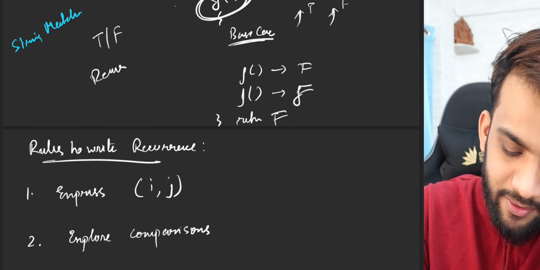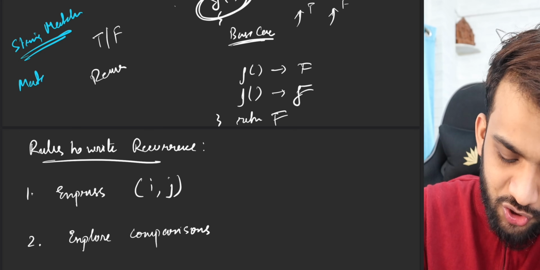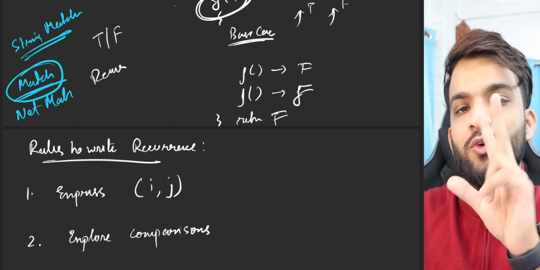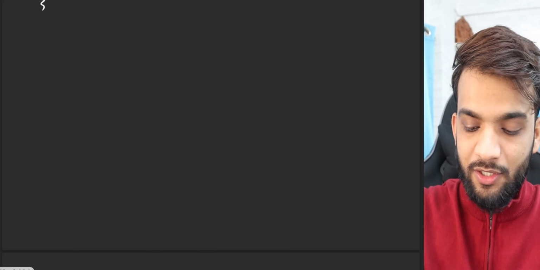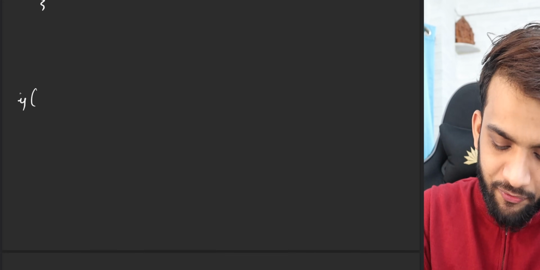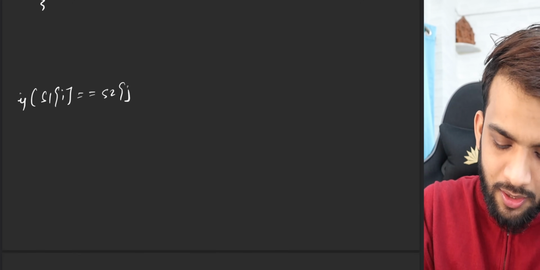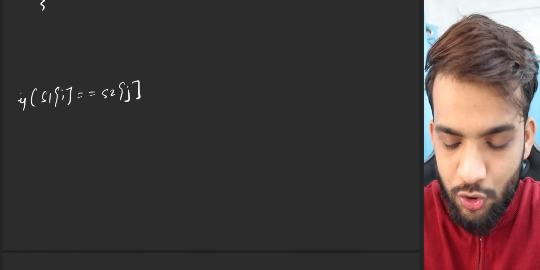Whenever we did string matching problems, what conditions did we have? One was the match condition, one was the not match condition. For the match condition, we have two conditions over here. What are these two conditions? If S1 of I matches with S2 of J, that's definitely one of the conditions.